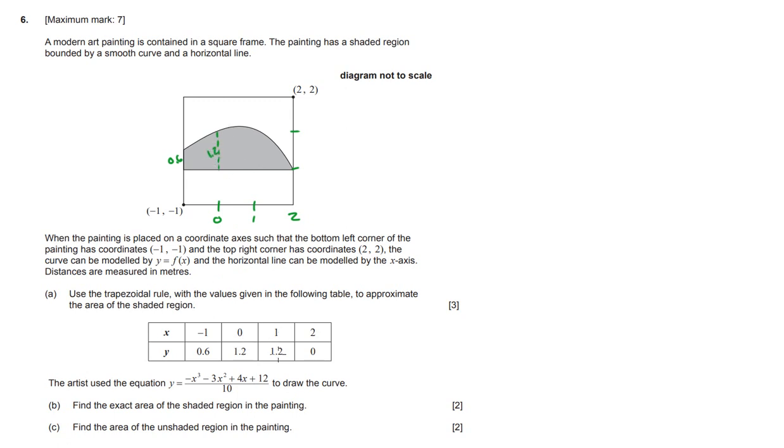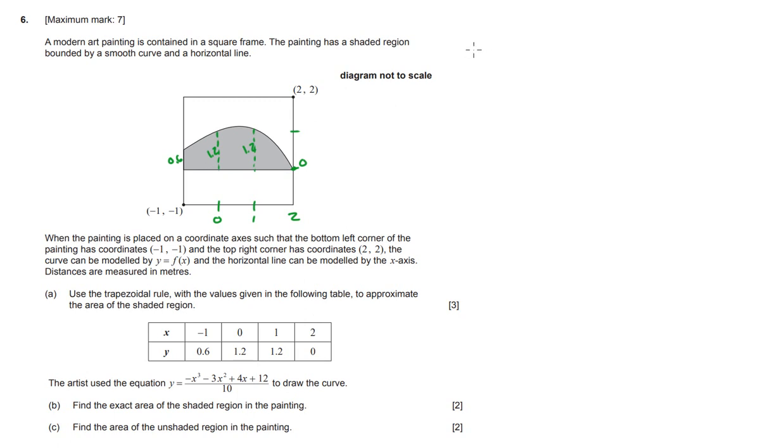And then when x is 1, this distance here is also 1.2. And then it says when it's at 2, the distance there is 0, which is pretty apparent. Okay, so now what we're going to do is we're just going to make these trapezoids here.